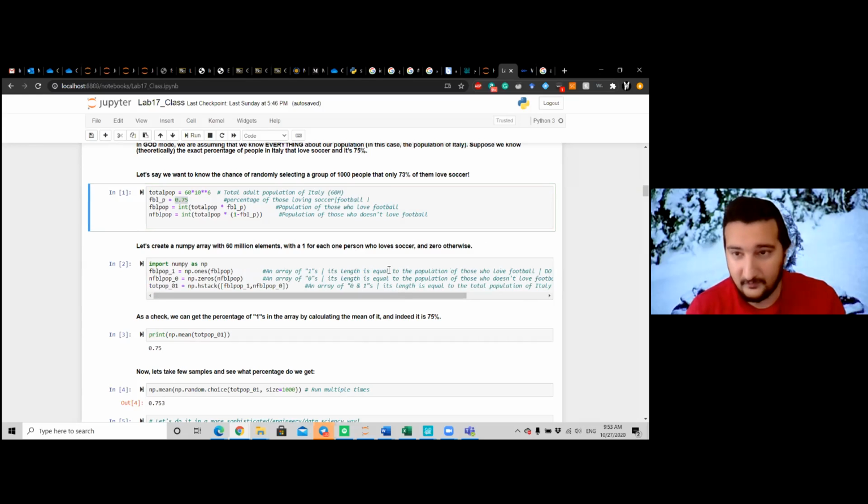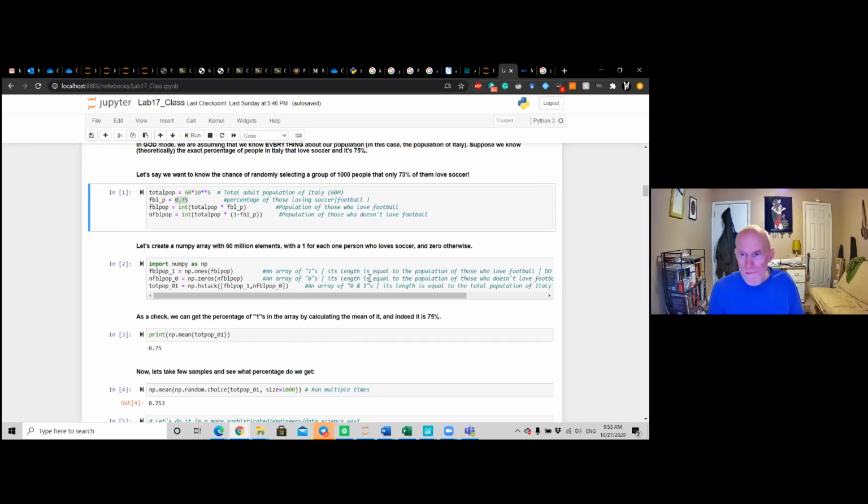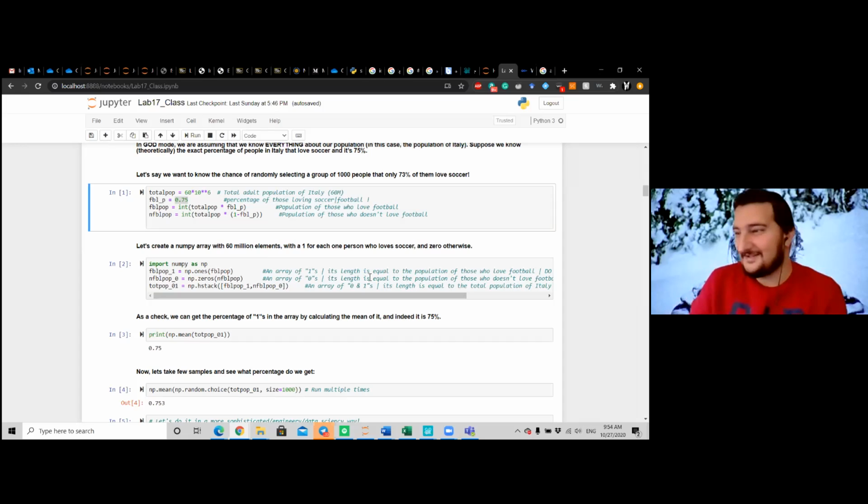I really don't know what will happen on your machines, but I just suggest that you do not print it because it's going to be an object with 60 million elements. I doubt that it's gonna cause your CPU to explode, but let's just not try that.